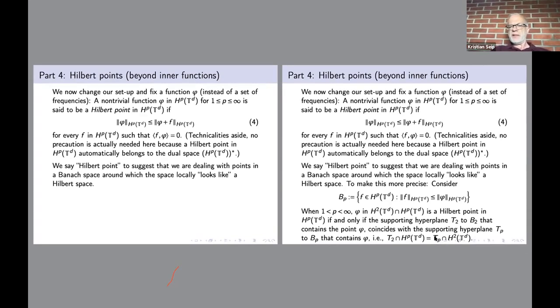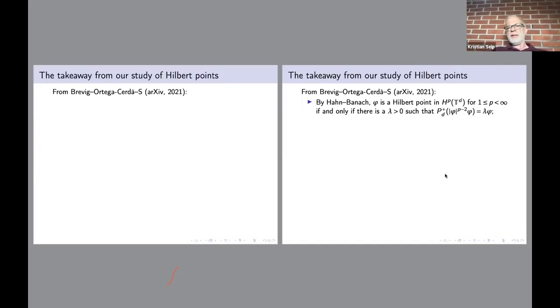I need to take the intersection to make them appear as the same sets. So what I'm just trying to say is that Hilbert points are points around which your Banach space looks like a Hilbert space. Okay. We wrote a paper about this, and we found some interesting things.